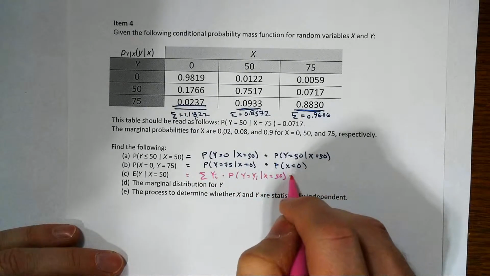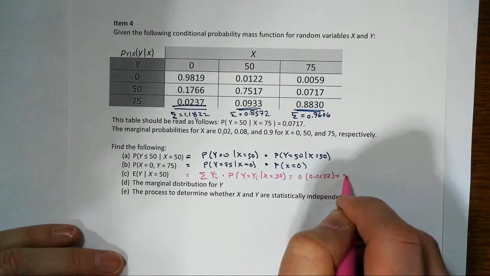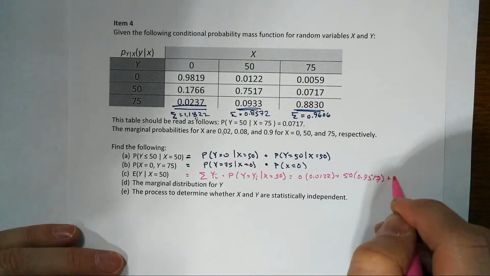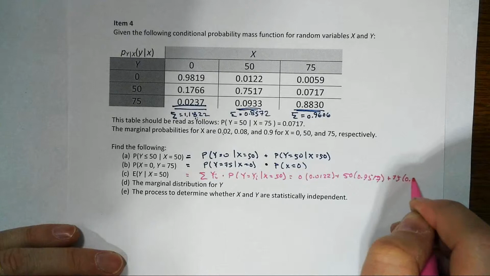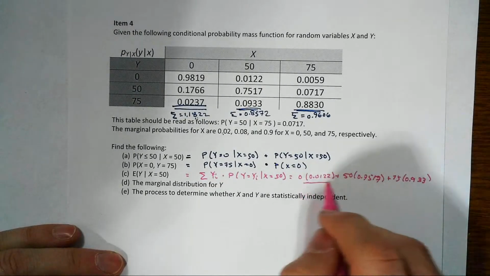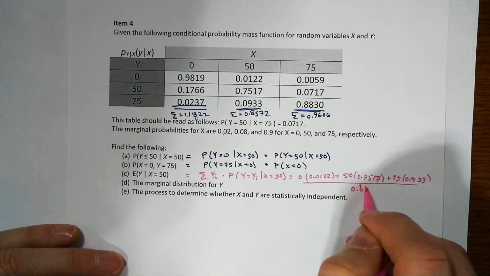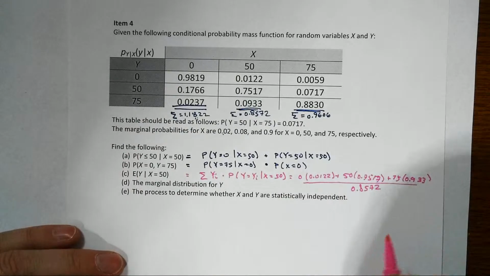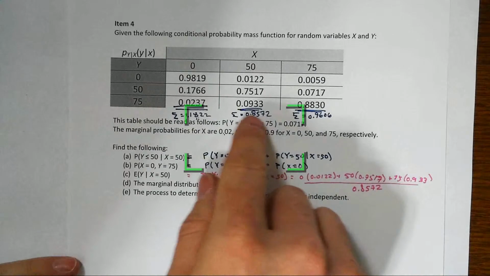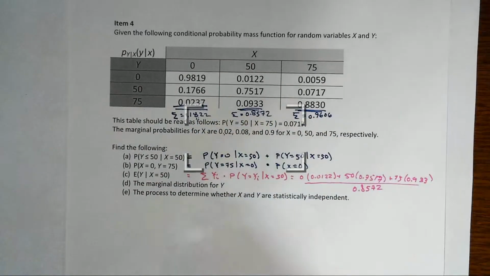And here that would be 0 times 0.0122 plus 50 times 0.7517 plus 75 times 0.0933. Here it would be easier to normalize, because you just normalize this whole thing by that whole column sum, 0.8572, if that was going to be your approach. And you would get an appropriate value, assuming that there aren't other problems with these numbers and why they showed up quite the way they did. But that's one way that you could fix it.